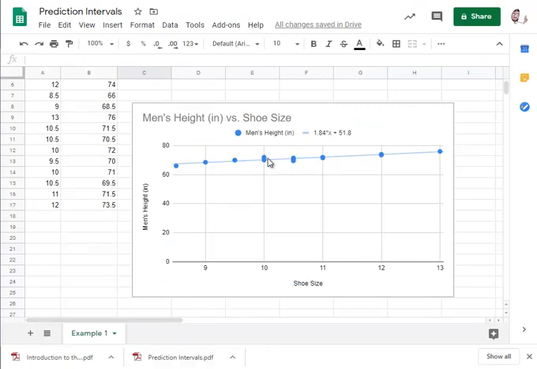So each of these dots, some of them are right on the line, some of them are a little bit above or below, and have a vertical distance to that line itself. Those distances, we're just trying to get, let's just say, the average of that. In essence, the standard deviation of those distances, which again is what a standard deviation is. It's the average of the distances to the mean. In this case, the mean would be the best fit line.